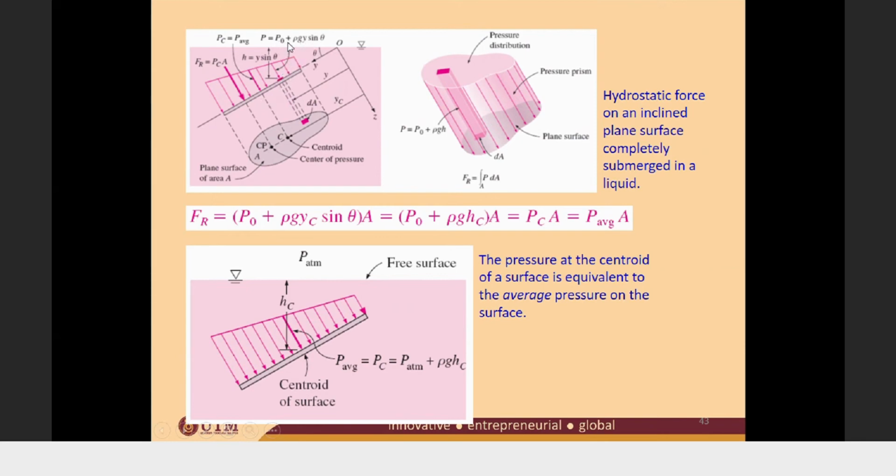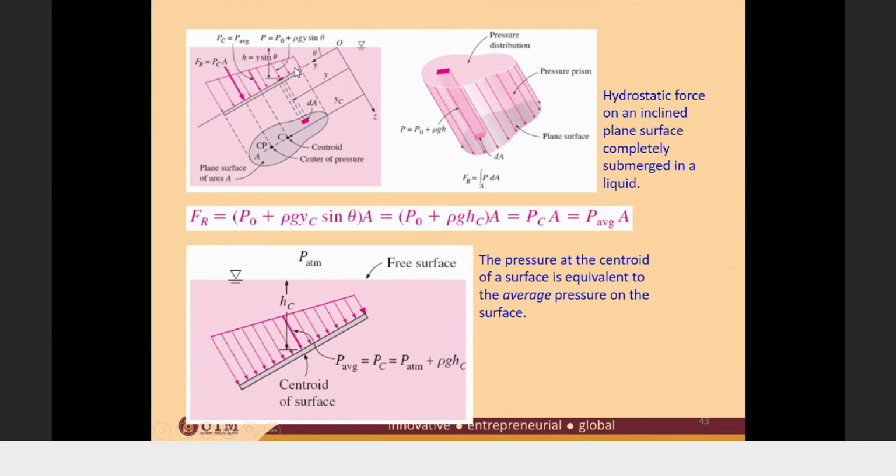Why sin theta? Because we want the vertical height. Okay, so that is the pressure, times area.